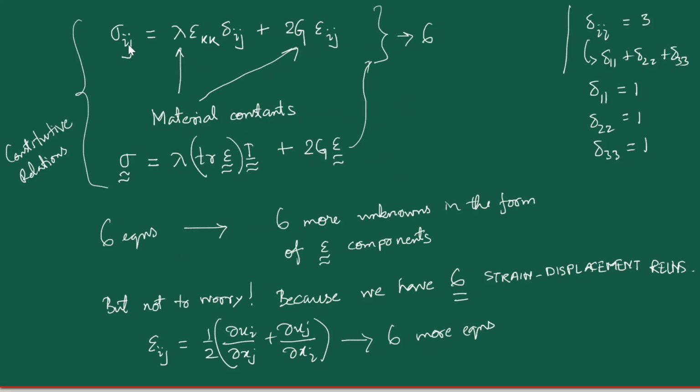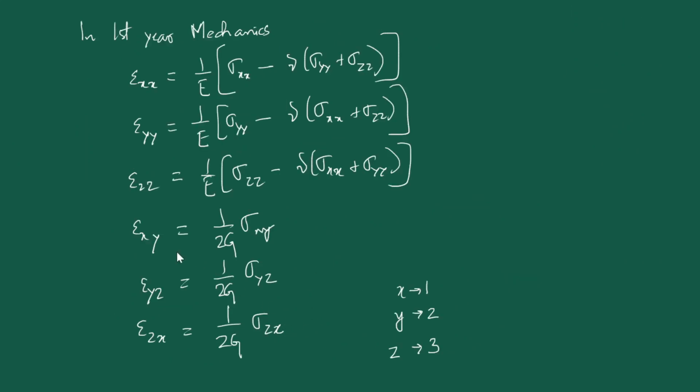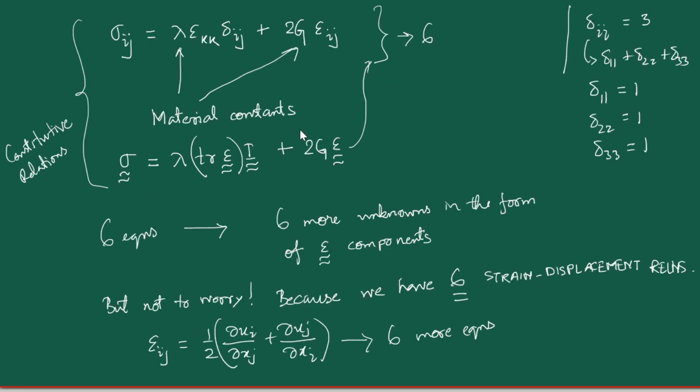Okay, and in fact, as I had already mentioned, if you set i equal to 1, j equal to 2, you are actually getting sigma 12 is equal to twice G epsilon 12, and you can quickly check in this third page that epsilon 12 is indeed equal to 1 by twice G sigma 12. Similarly for epsilon 23 and epsilon 31. However, these 3 relations involving the normal strain components in terms of the normal stress components look a little bit different from what we have here.